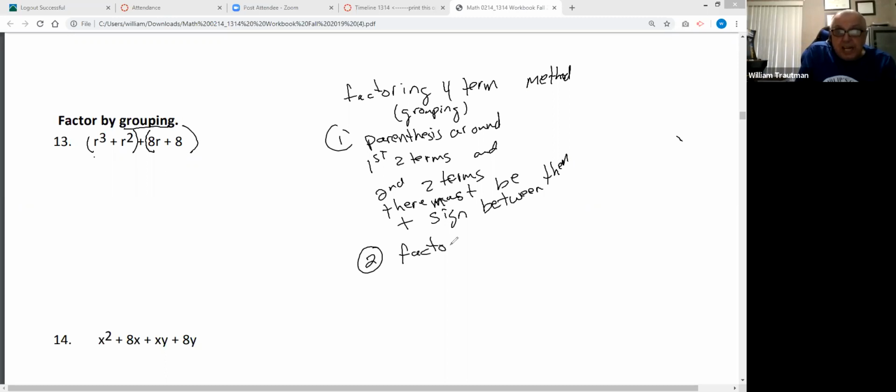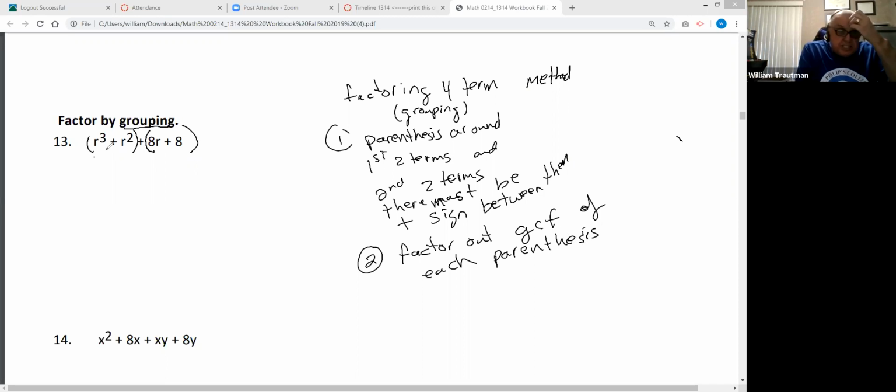Step 2, factor out the GCF of each parentheses. Look at just the first parentheses. What factors out? I have to divide something out of there.